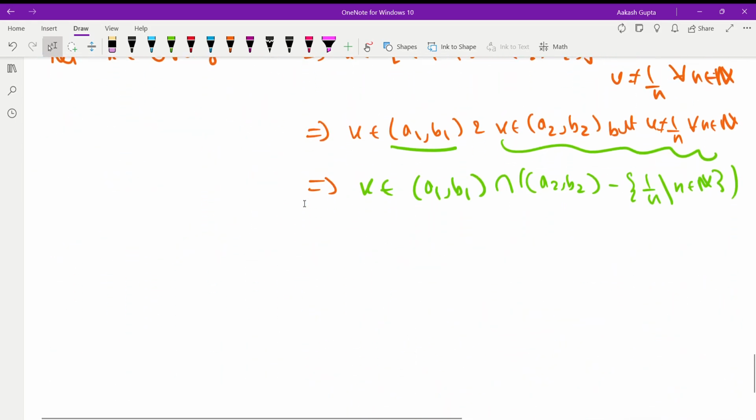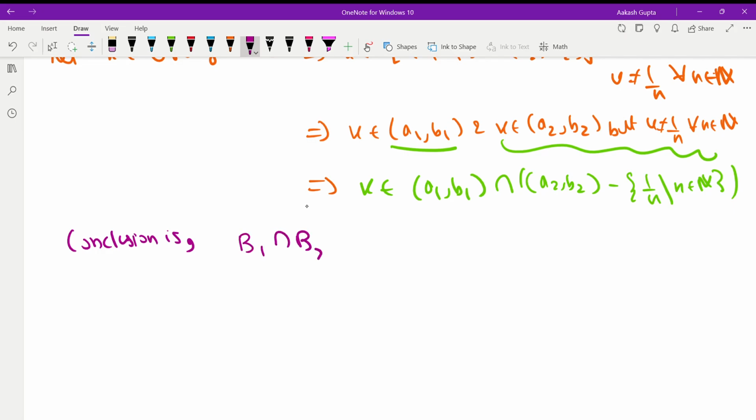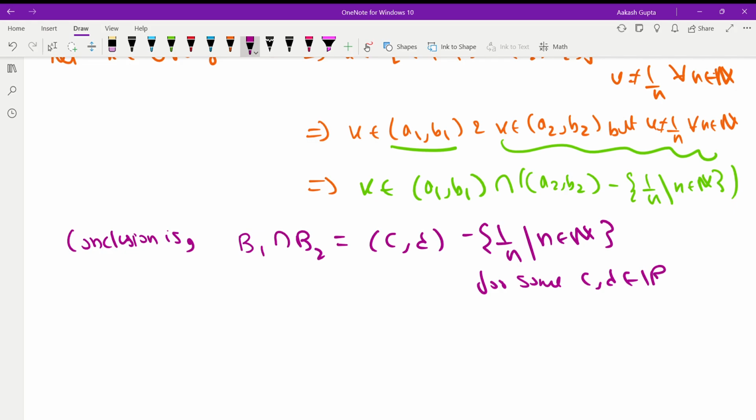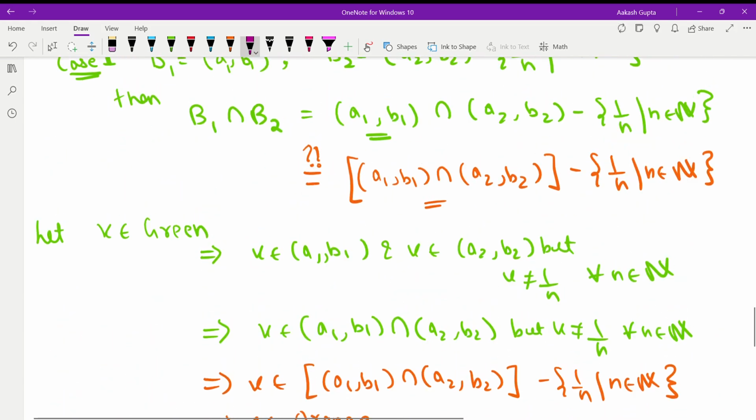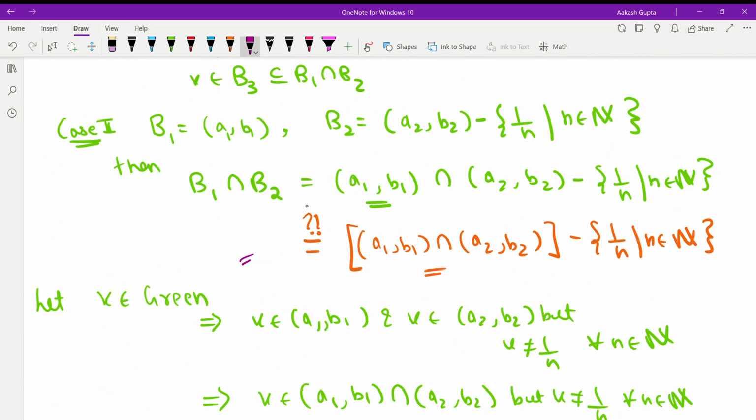So this implies, the conclusion is, B1 intersection B2 is of this form, some (C, D) minus {1/n : n in N} for some C, D in R. Because of this equality, where it is this equality.